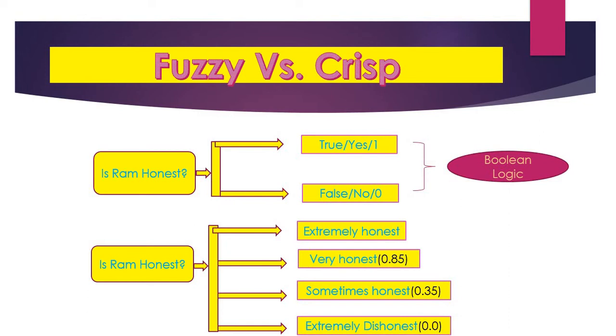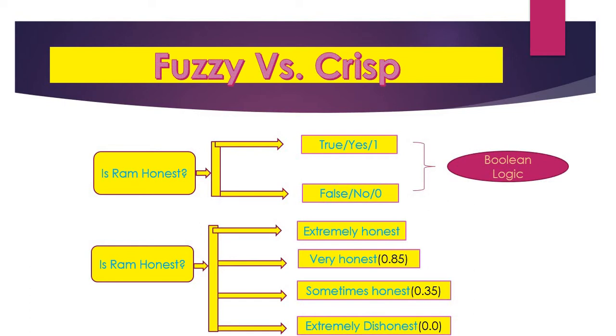And in a fuzzy set, there are values such as extremely honest, very honest, sometimes honest, and not honest. In some way, we will have a clear answer.